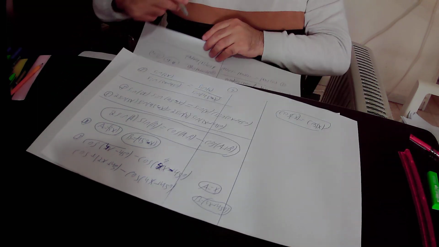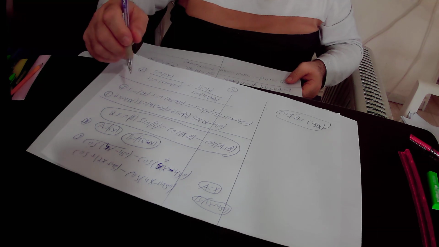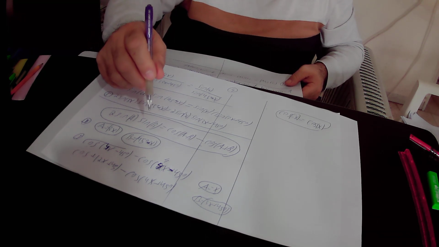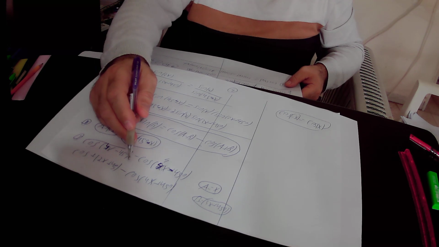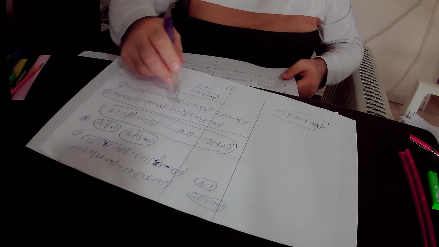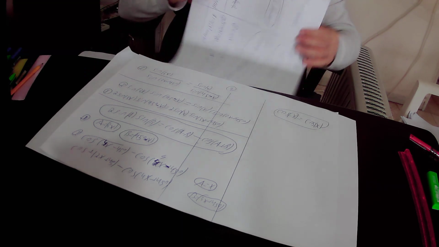It is actually cosine. Here we have minus cosine 4x plus 45 degrees, so we added to this equation cosine 4x plus 45 degrees.